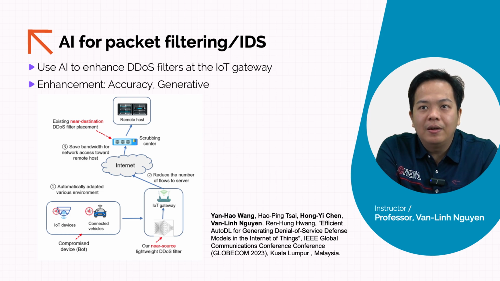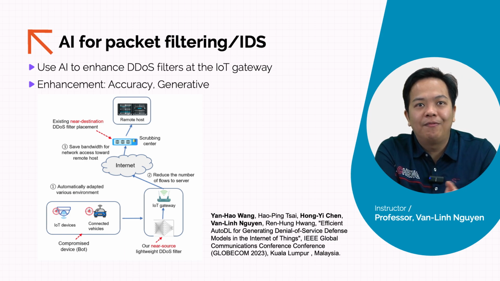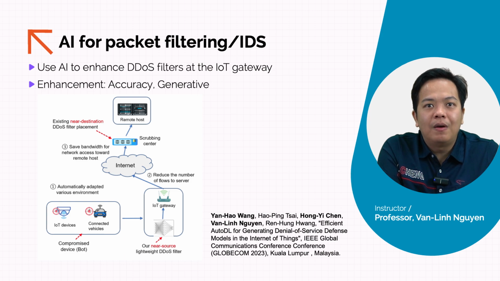Here I install the AI-based system on the IoT gateway. Actually, in our model we use AutoDL and a transformer version to classify traffic. So our model can provide higher accuracy. We'll look at more detail later.